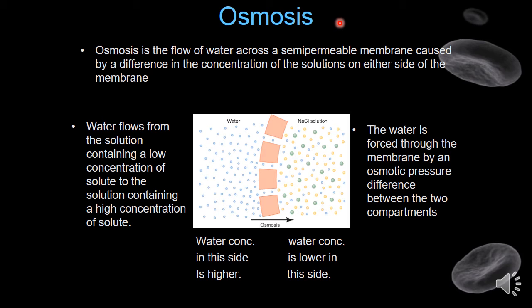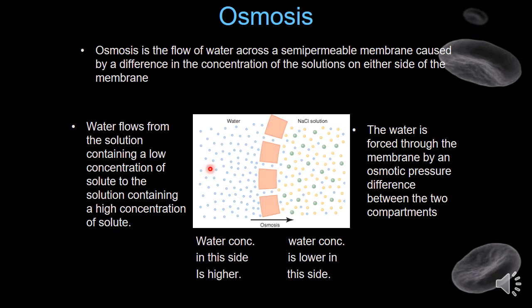Osmosis describes the movement of water through the cell membrane by diffusion, okay? And water is moving through the cell membrane very easily. The factor affecting the water movement by diffusion or by osmosis depends on the concentration of solute on both sides.